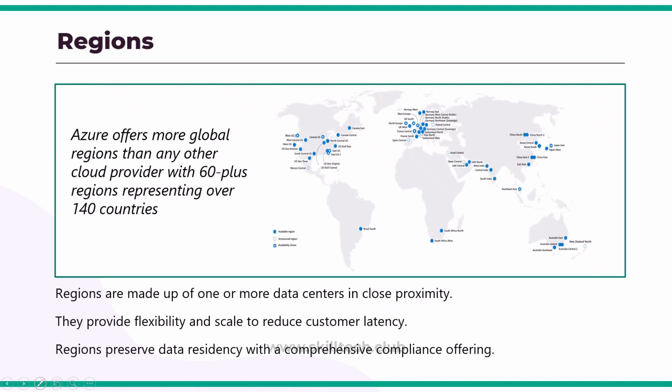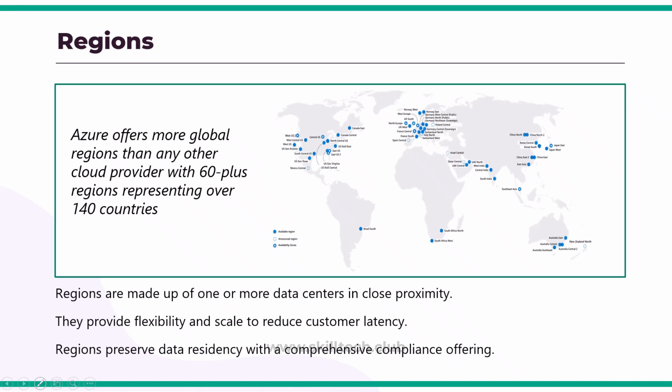Let's start with regions. In my previous learning path, I have already shown you a world map, and I discussed that there are multiple regions, and in each region multiple data centers are there. So we have a total of 60 plus regions available across the globe in 140 plus different countries. These regions are made up of one or more data centers, minimum one, maximum 3, in close proximity.